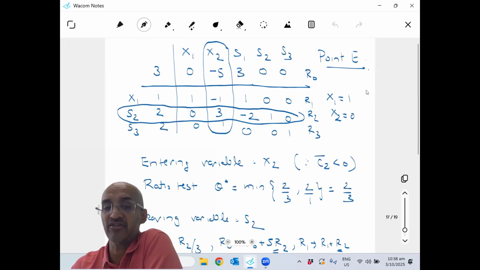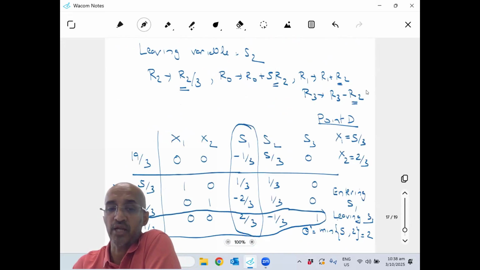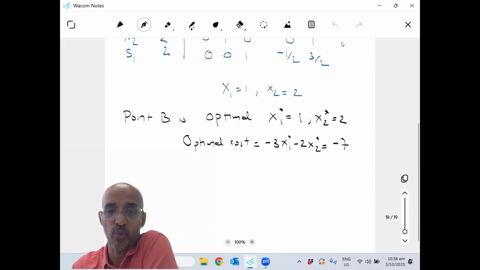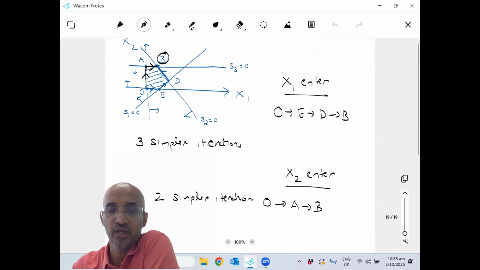My basic variables are x1, s2, s3. Look at the columns: 1, 0, 0, 0, 1, 0, 0, 0, 1. The identity is hidden. The first thing which should be quite clear to see is in the tableau.